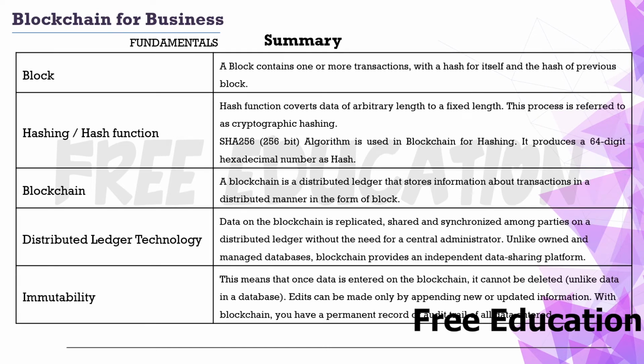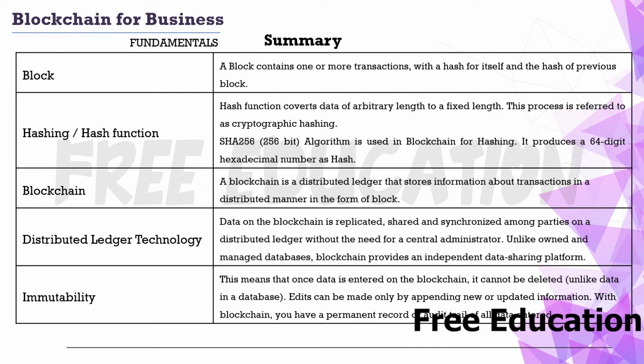So let's have a quick summary of where we have reached. A block contains one or more transactions with a hash value for itself and also the hash value of the previous block. So that's a block. Hashing is a hash function. A hash function converts data of arbitrary length, in the sense it could be of any length randomly, to a fixed length.